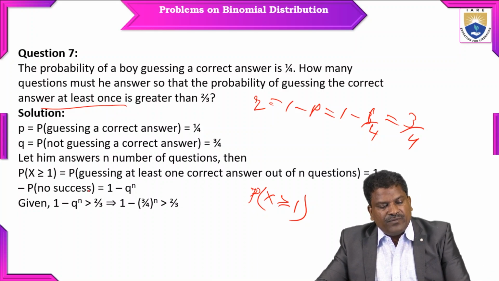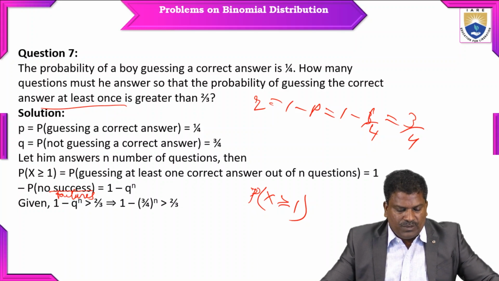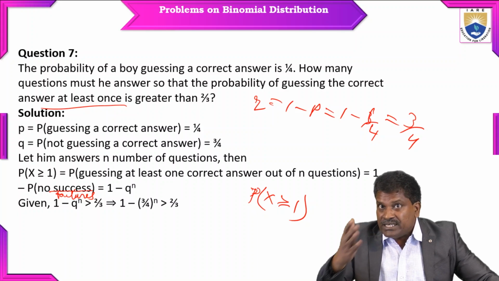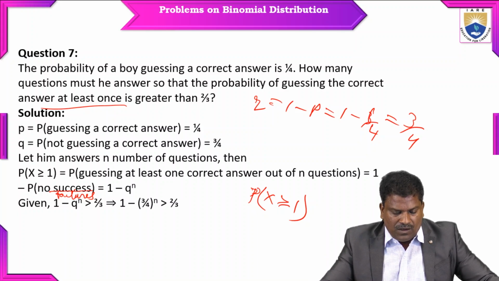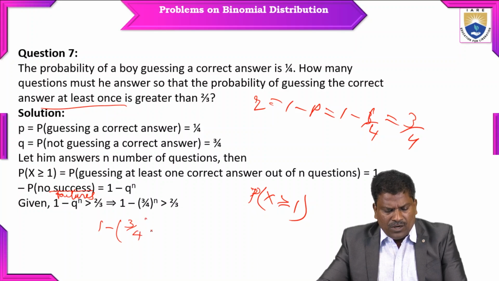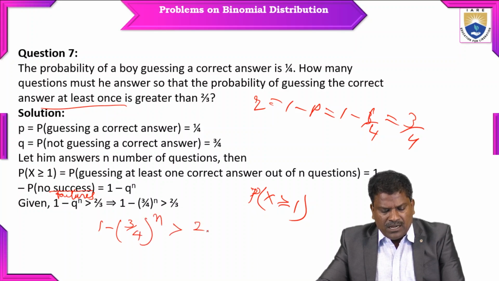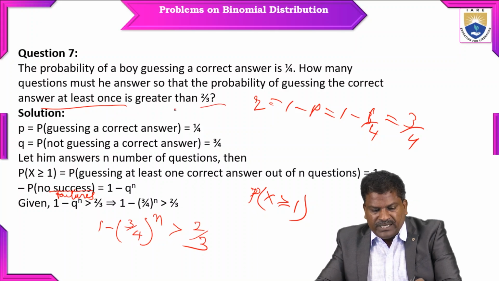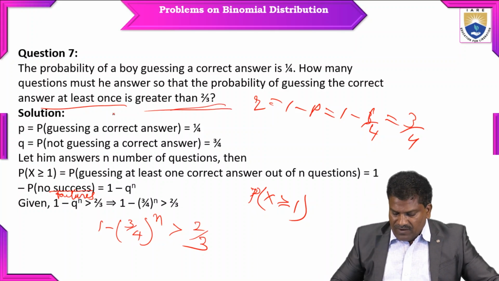So 1 minus q to the power n is greater than 2/3, it is given there. So 1 minus 3 by 4 to the power n should be greater than 2/3. Because of this, then what happens?